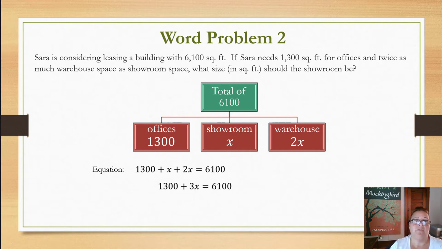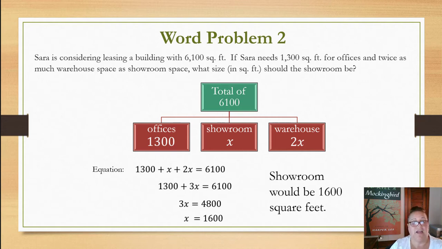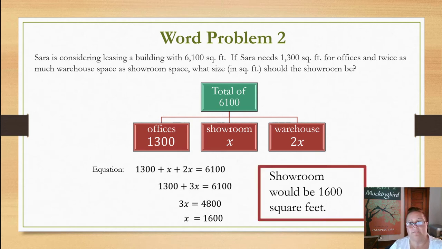Subtracting the 1,300 from both sides, we get 3X is 4,800, and X would then be 1,600. X is the value of the showroom, and it also answers the question asked. The showroom would be 1,600 square feet. I don't need to find the warehouse, so this answer is all I need.